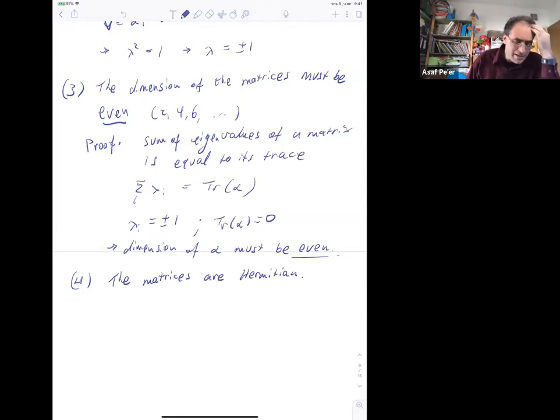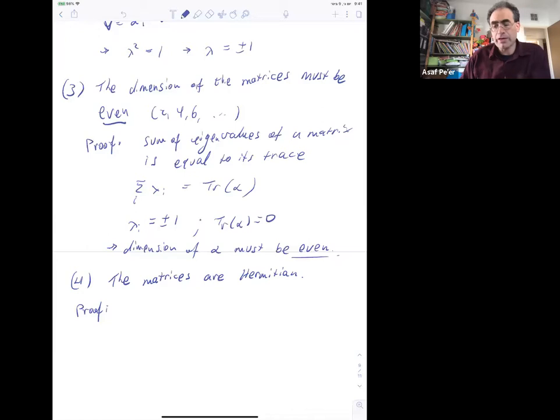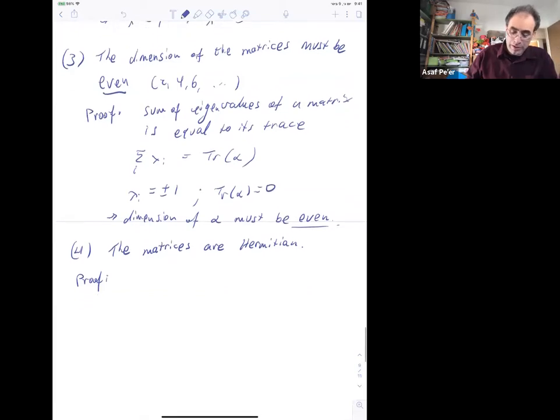Why do I say these are Hermitian? Because they're part of the operator E. Exactly. Because if I just look at the Dirac equation, they have to represent a physical measurable quantity.